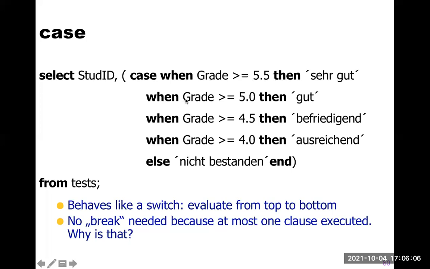Next, when a completely different column, student, substring of student name is, student name has an A as the first letter, then something. So I may use completely different conditions, different logic, and I can even build a tree. Case when something, then case when something else, then something else.